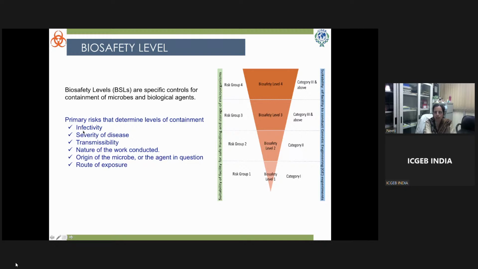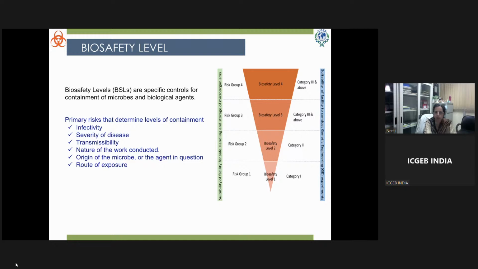This can be understood if we understand the infectivity, both the disease and the nature of the pathogen, the severity of the disease which they cause, whether it can be treated, if it is curable or non-curable, the transmissibility, that is whether it spreads or not, and if it spreads, then the time it takes.